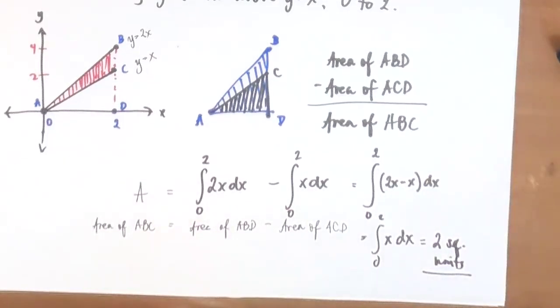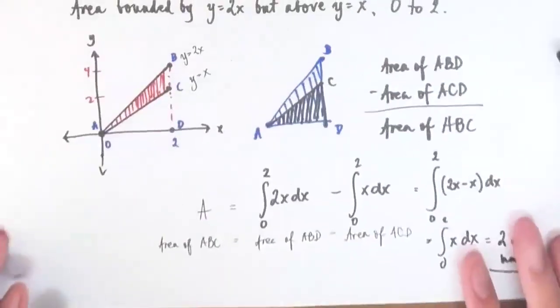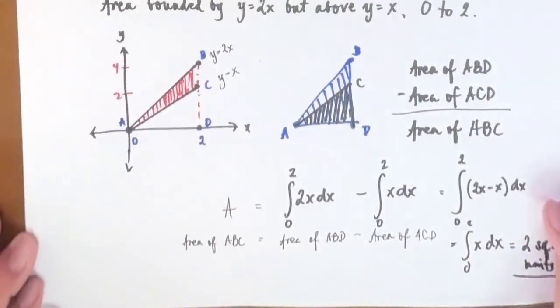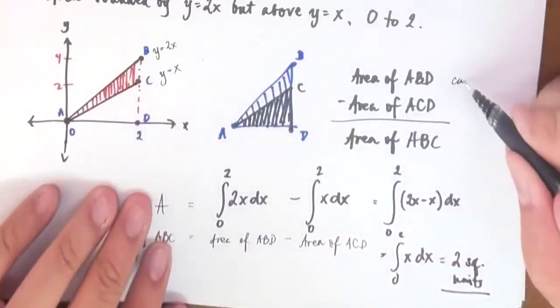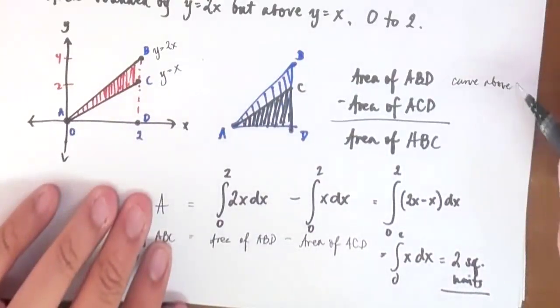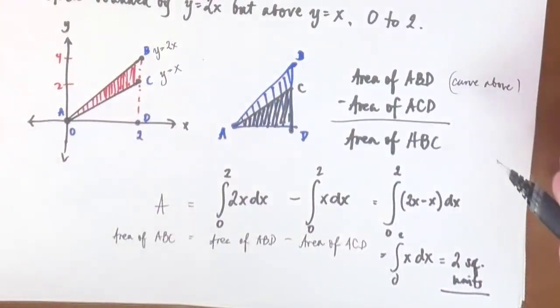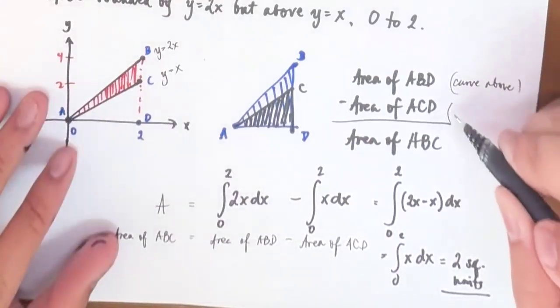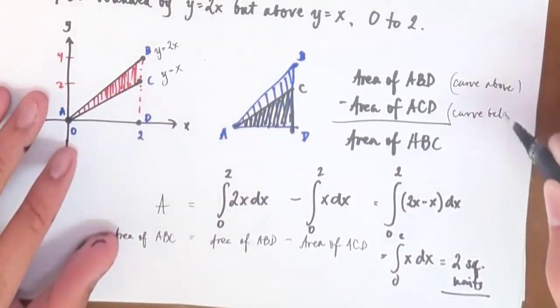Okay? So this item right here tells us that if we want to find the area bounded by two curves, you find the area bounded by the curve above, minus the area of the curve bounded below, right?